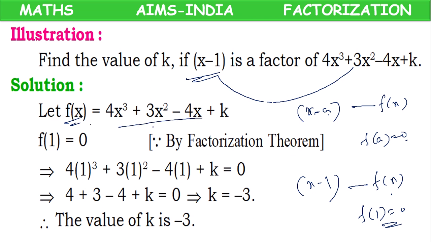So here, children, this is f of x. This will be a factor if f of 1 equal to 0. We have taken this by the factor theorem. F of 1 means how to calculate?